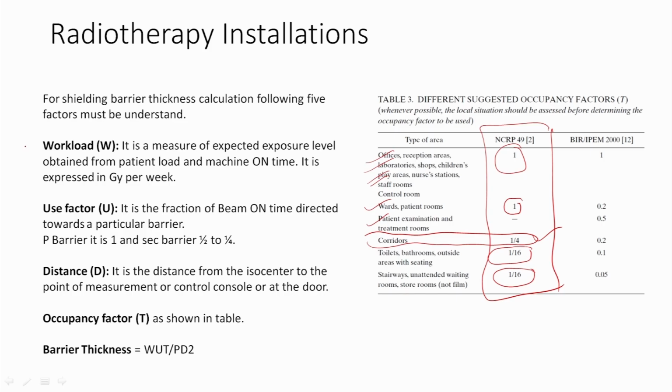So when you calculate the workload, use factor, and occupancy factor, you need to put all these values in the formula of barrier thickness, that is W U T, and P is the permissible dose limit of a radiation worker and a public, divided by D squared, where D is the distance.